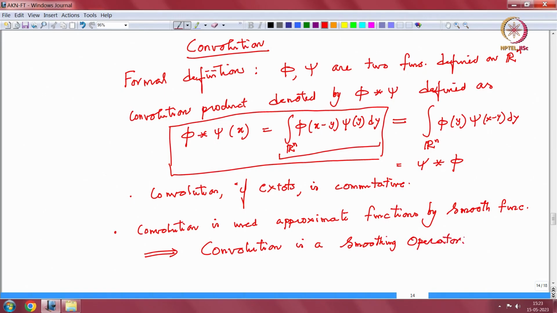In fact, we will even use convolution to approximate distributions by smooth functions. Okay. So, by convolving very bad irregular functions or distributions with some smooth function, the convolution will become a smooth operator. Okay.